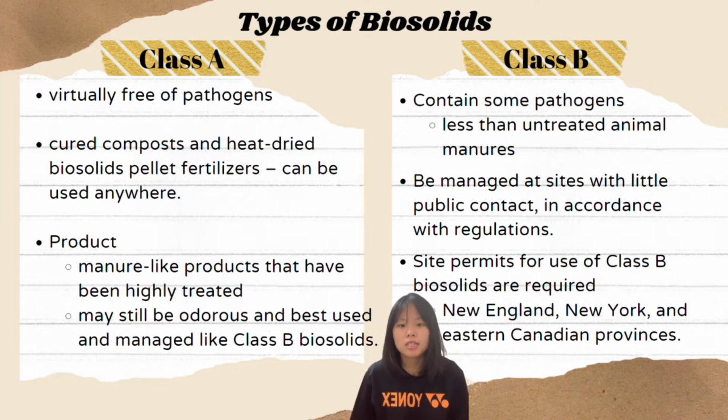Class A products are mineral-like products that have been highly treated, but may still be odorous and are best sealed and managed like class B biosolids. For class B, in some places such as New England, New York and Eastern Canadian provinces, site permits are required for use of class B biosolids.